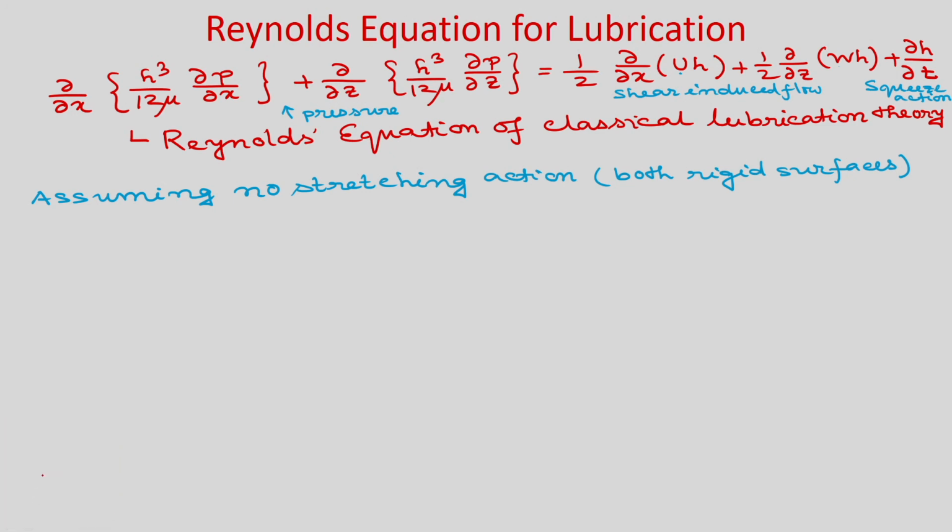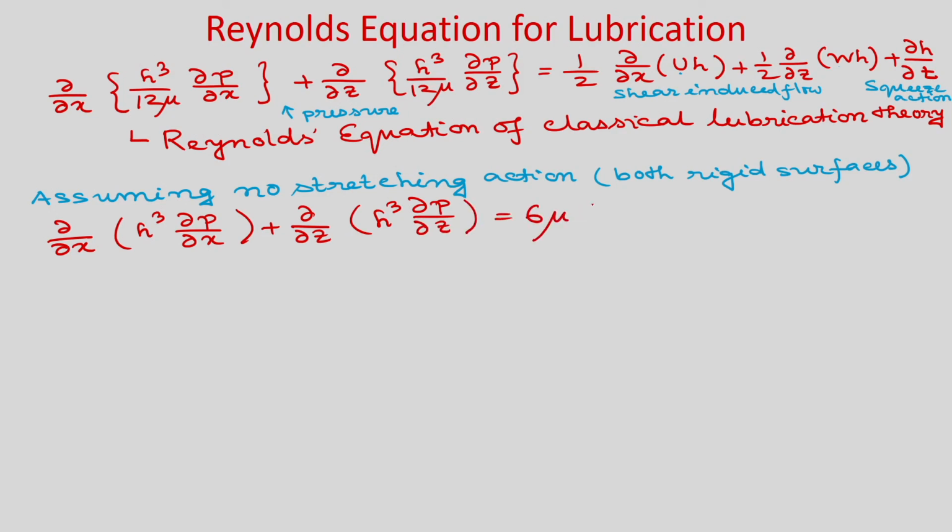So, we can write del of del x h cube del p by del x plus del of del z h cube del p by del z is equal to 6 mu times u del h by del x plus w del h by del z plus 2 del h by del t.